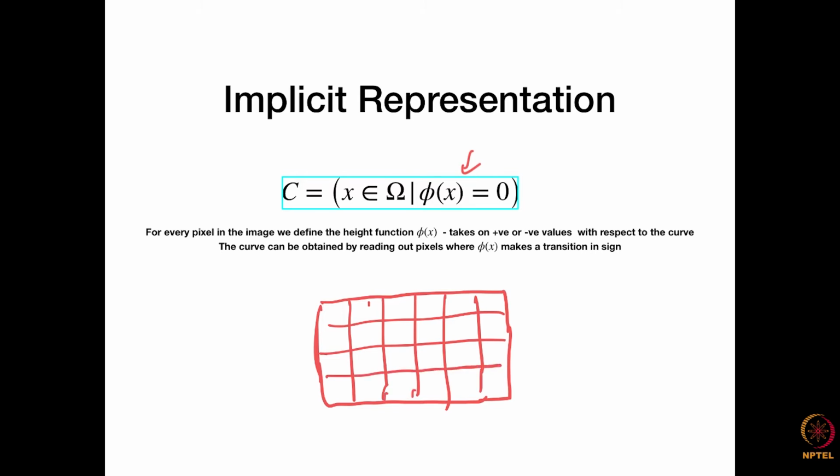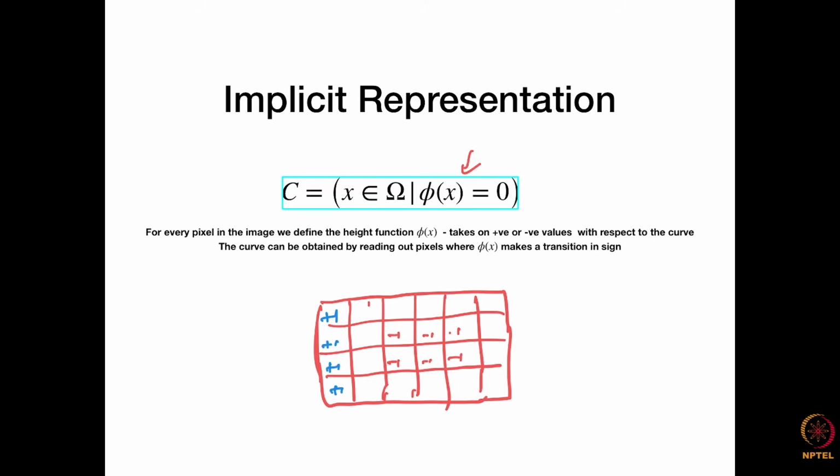So if you think of it, let's say the object: everything inside, you would put -1, and everything outside I'm putting the same value, but typically it depends on the distance from the curve.